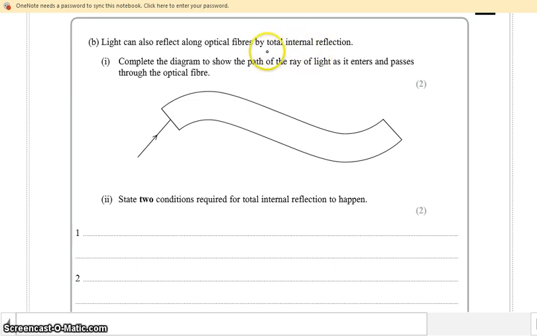Okay, next question is about total internal reflection. So let's complete the diagram to show the path of light as it enters and passes through the optical fibre.